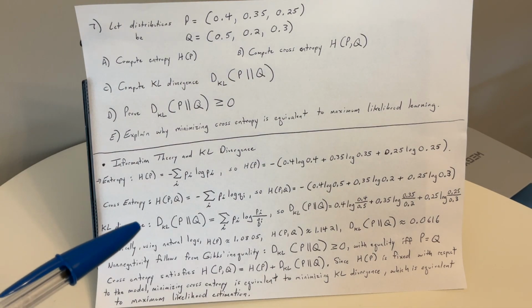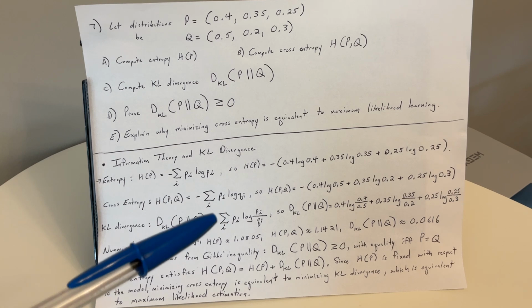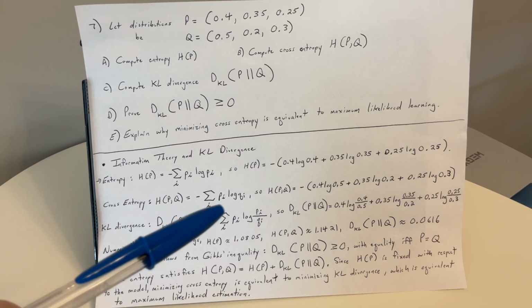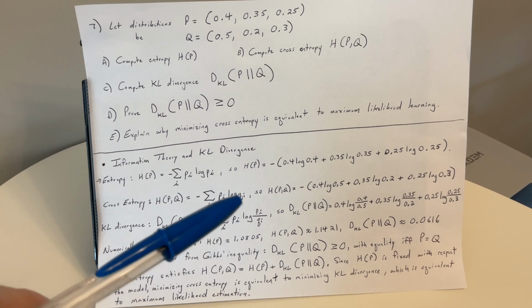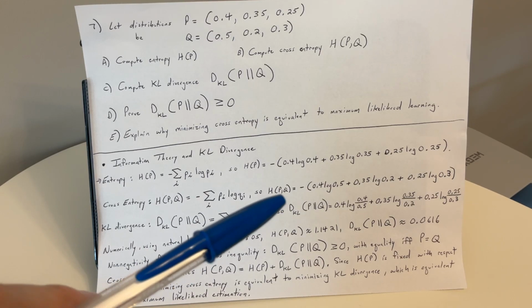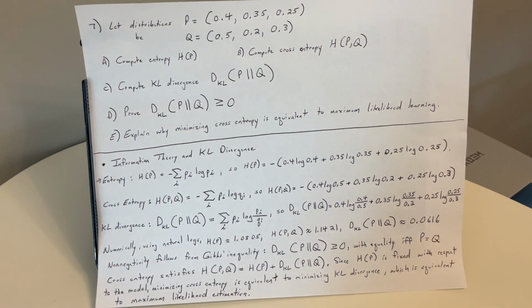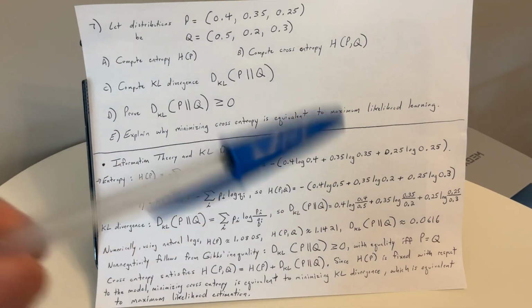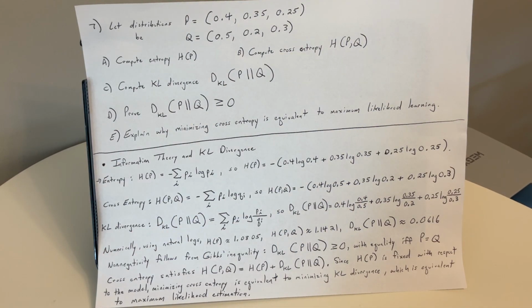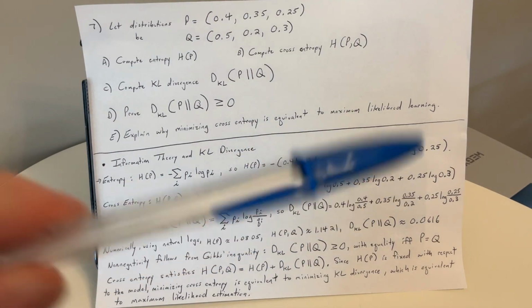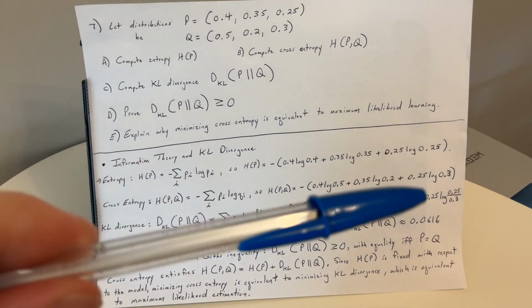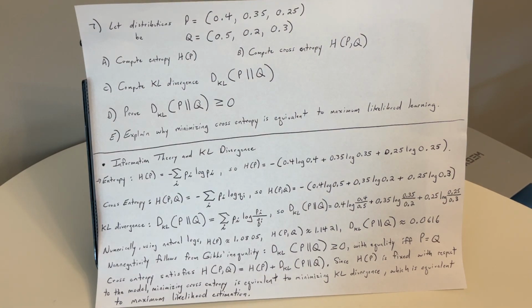So our KL divergence, that's going to equal this sigma over i, for this whole sum, p sub i log p sub i over q sub i. So we're going to get for the KL divergence of P relative to Q, that's going to equal 0.4 log 0.4 over 0.5 plus 0.35 log 0.35 over 0.2 plus 0.25 log 0.25 over 0.3.